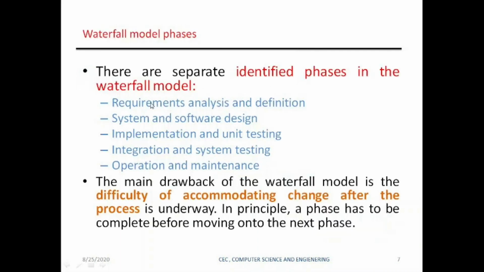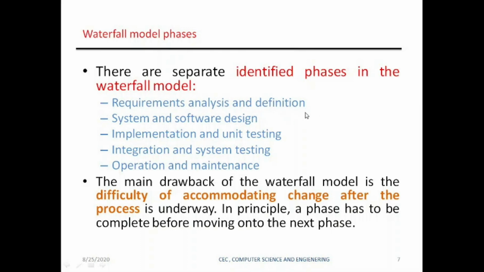So what is requirement analysis and definition? Here the customer explains whatever is required for the development of a product or tool to the software engineer. This is requirement analysis and definition.